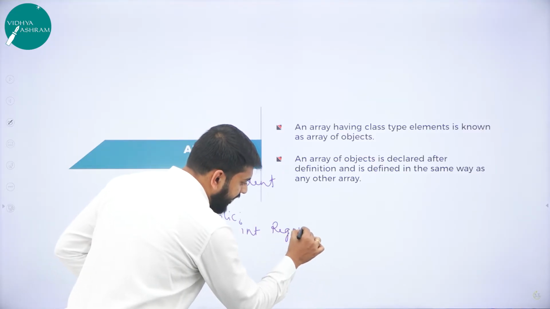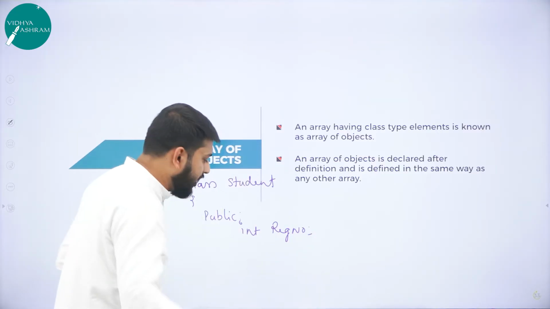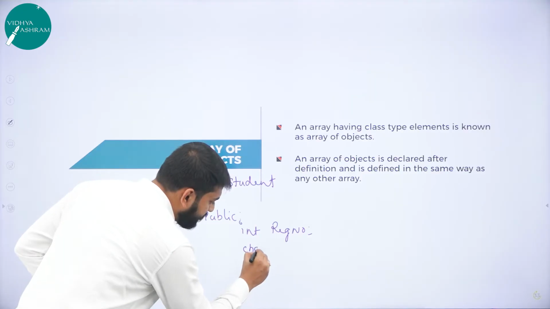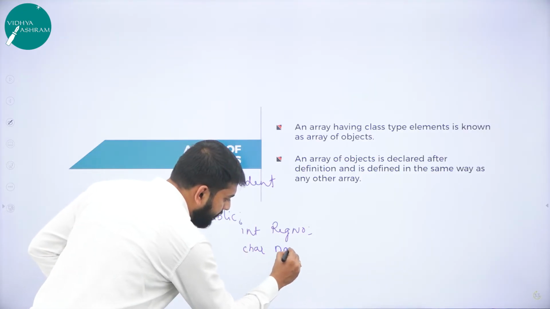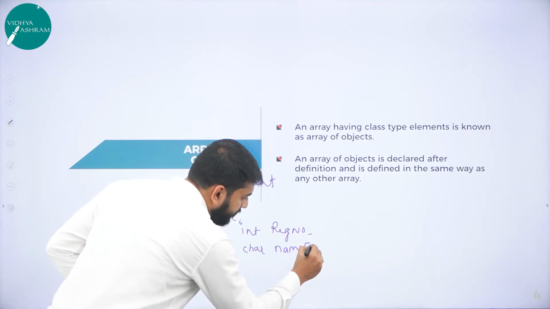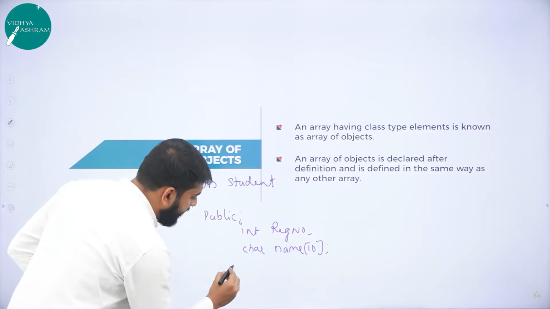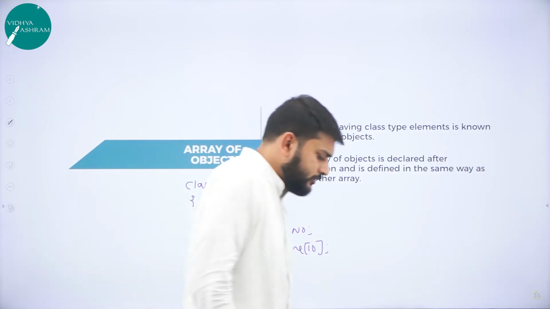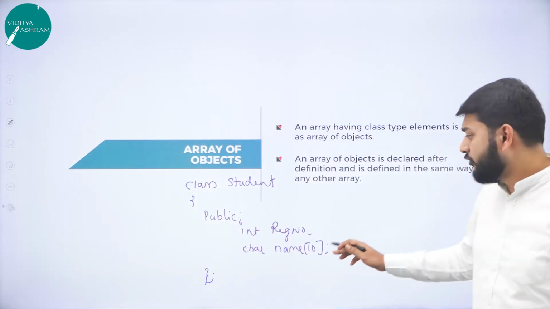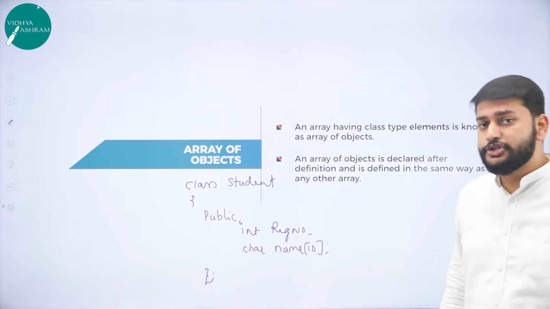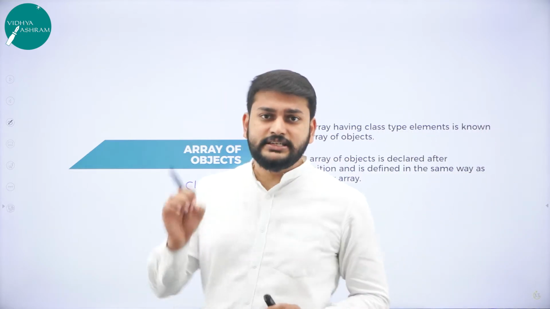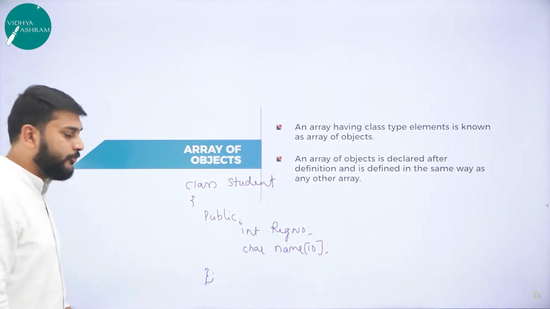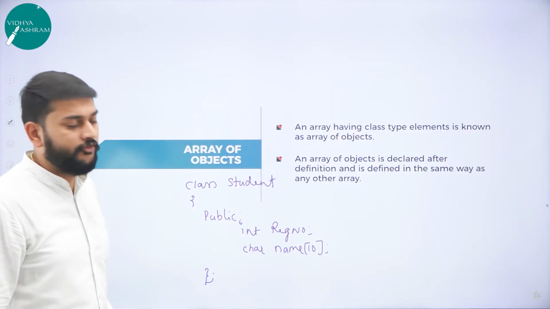The second one has the data type character and the name array, and I am going to create the array type. Let me just close it as of now. I have not mentioned any functions here. This is just an example that I wanted to take up to explain the concept of array of objects.